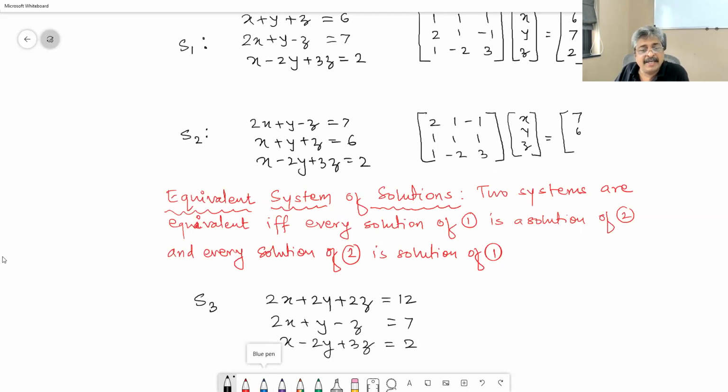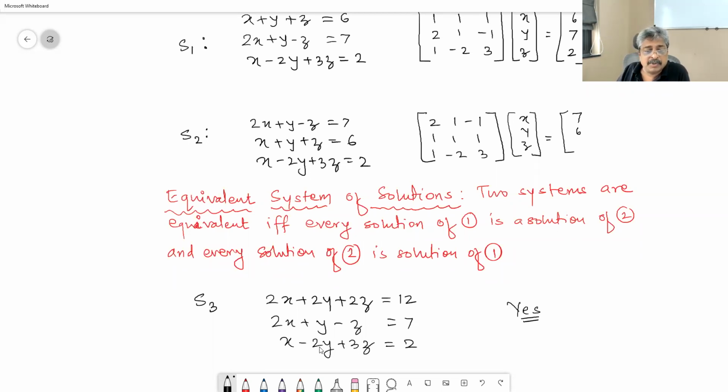Are S1 and S3 equivalent? Yes, because a constant multiple of equation number 1 won't change the solution set. Is S1 equal to S3? No, they are different systems.